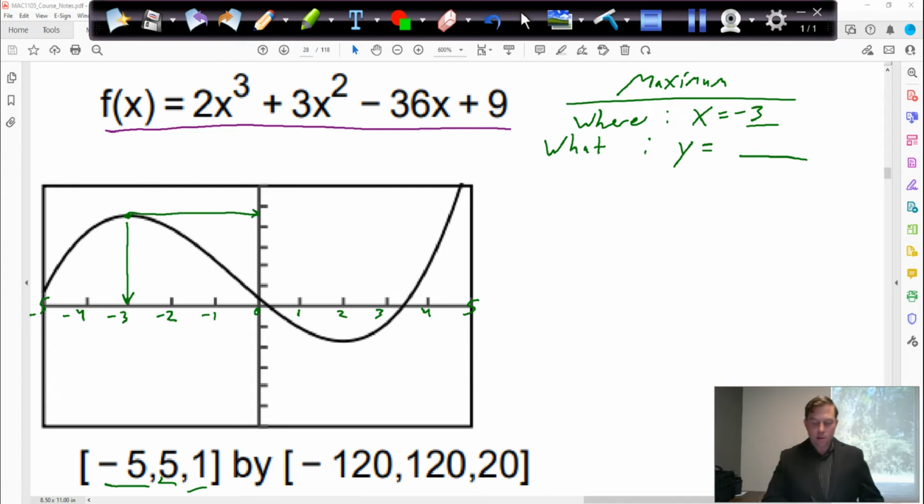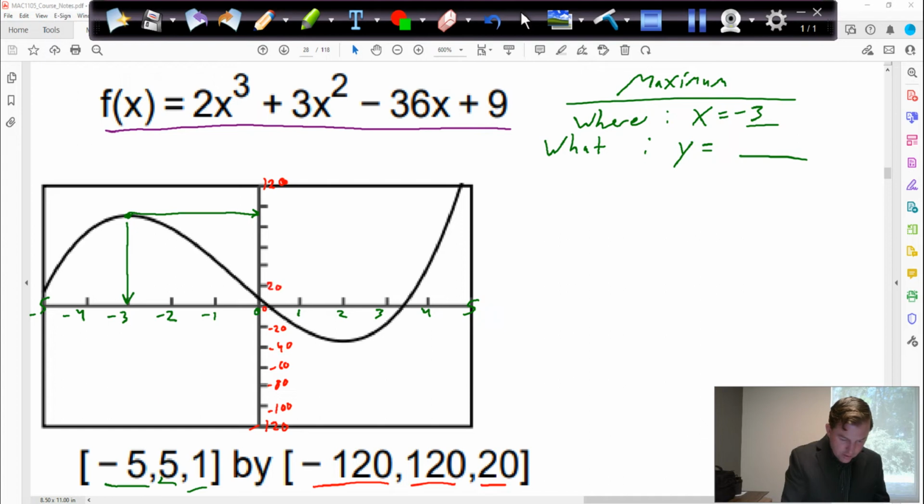and the problem is it's in between those tick marks, so it's going to be harder to figure out what it is. In fact, this one's interesting because the scaling starts at -120, stops at +120, and increments by 20. So this is like -100, -80, -60, -40, -20, and 0.